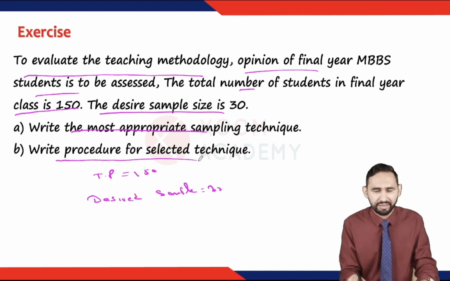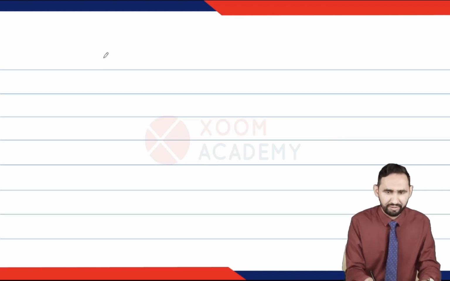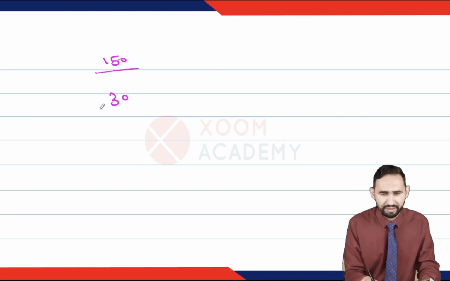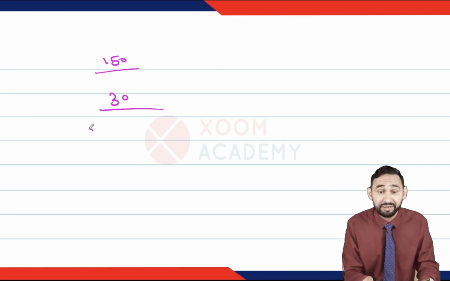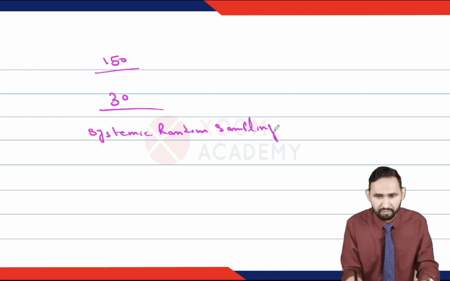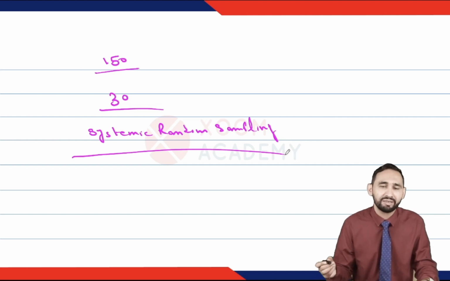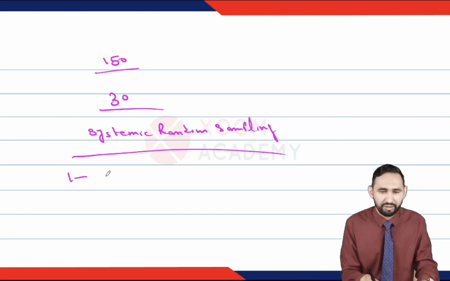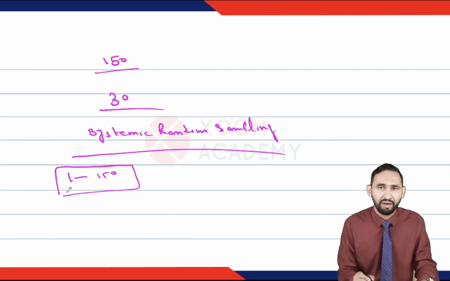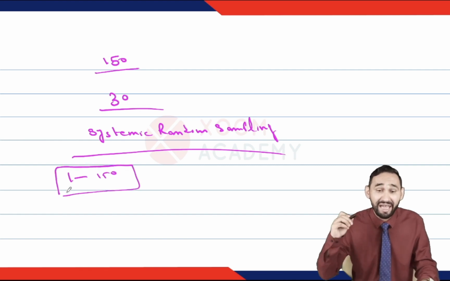We know that if students are 150 and the desired sample is 30, the appropriate sampling technique is systematic random sampling. Next question: why systematic random sampling? Because we want everyone from roll number 1 to 150 to have an equal chance, and we want to go from start till the end.